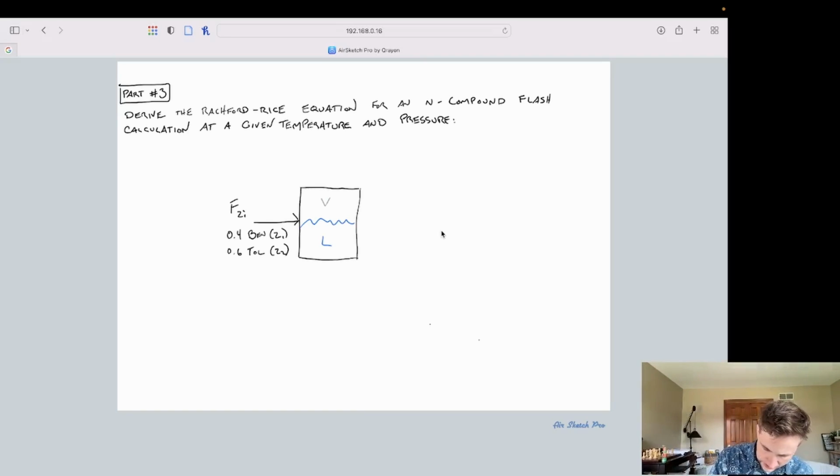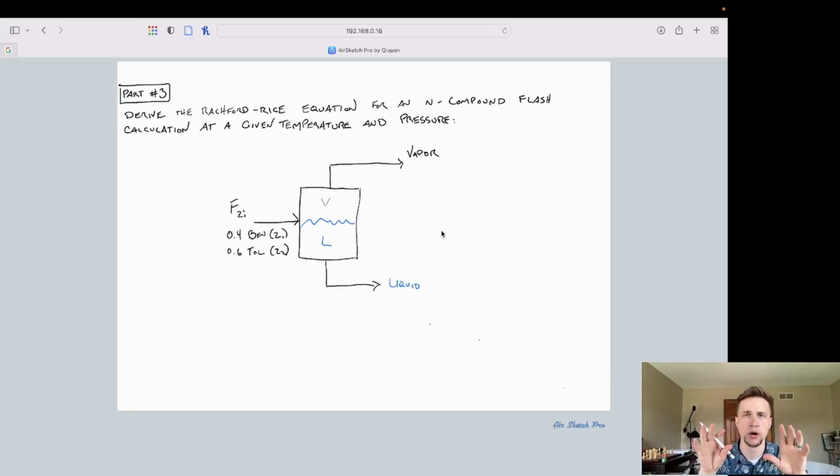Out the top of our flash drum will be a certain mole fraction amount of vapor that is leaving, and out the other side of our drum will be a certain mole fraction amount of liquid that is leaving the flash drum.